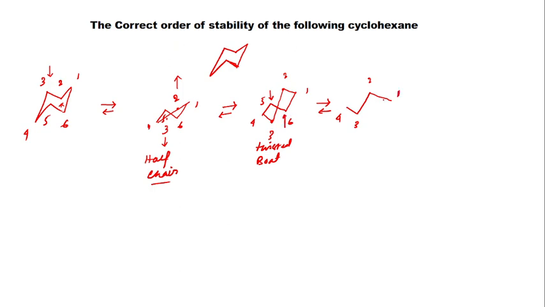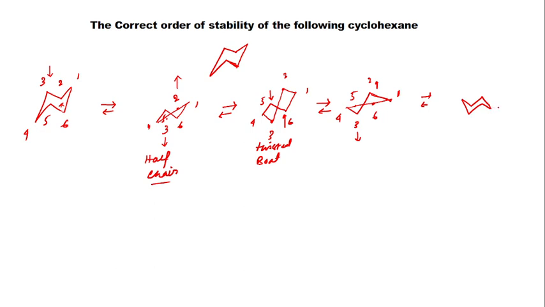So this one is ready. My goal is that 4, 5, 6, 1 will be on the same line. Now look, they are on the same line. So this is 5 and this is 6. Then again I am going to put down carbon 5 and put up carbon 6. As a result, I'm going to get this kind of structure.